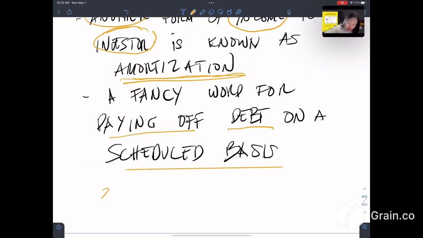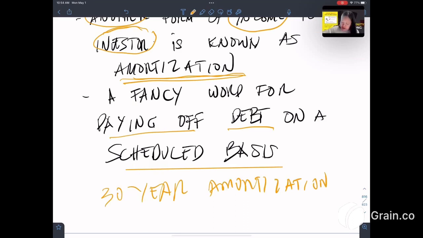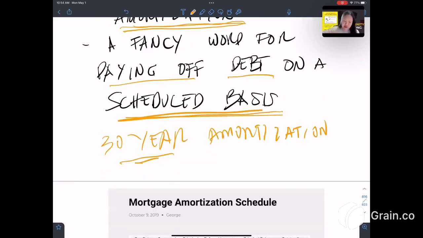In America, we have 30-year amortization. That means I can pay down my loan over 30 years, on a scheduled basis, either every 2 weeks or every month. Every month I have to pay my mortgage, or principal and interest, right? Your P&I to the bank on a scheduled basis.